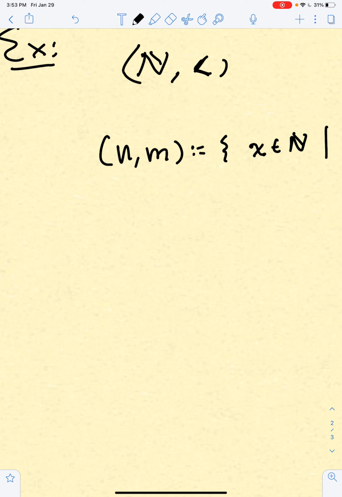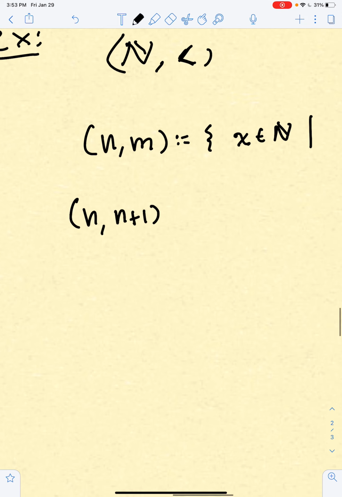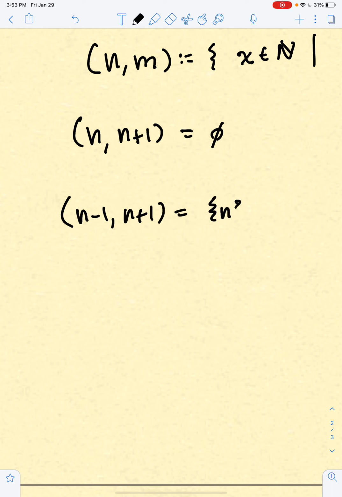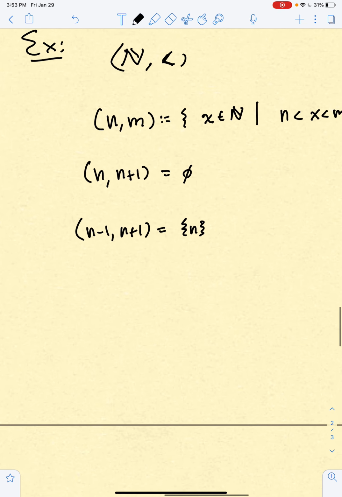Note that if I look at n to n plus 1 for any natural number, this is always going to be empty. There are no natural numbers between n and n plus 1. And if I look at n minus 1 to n plus 1, the only natural number in that interval is n itself, and that's open.